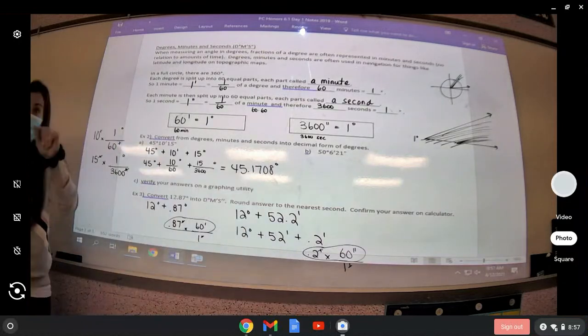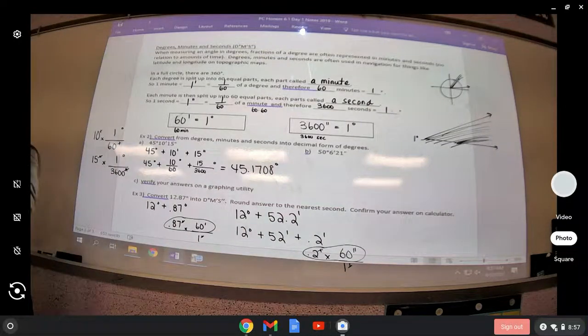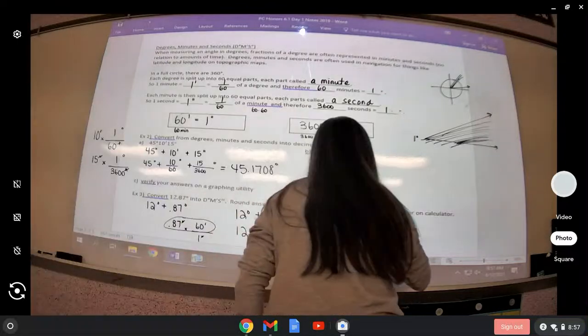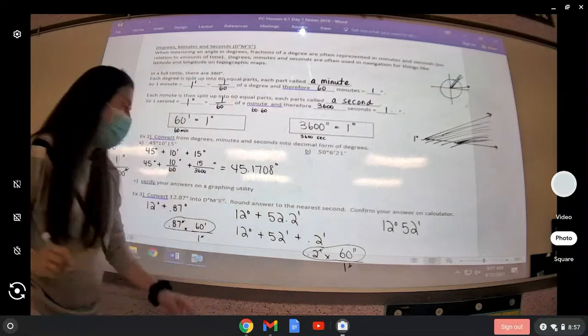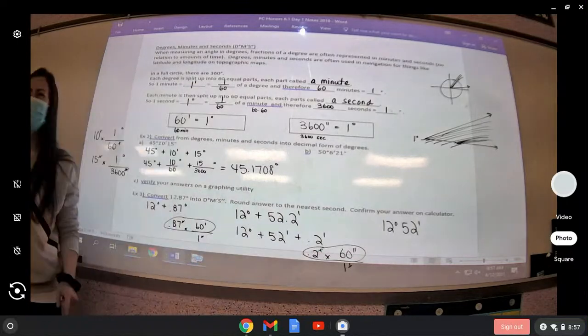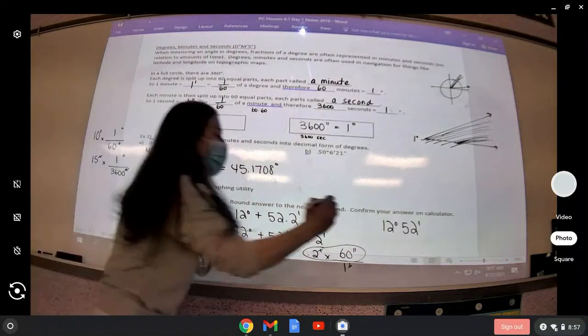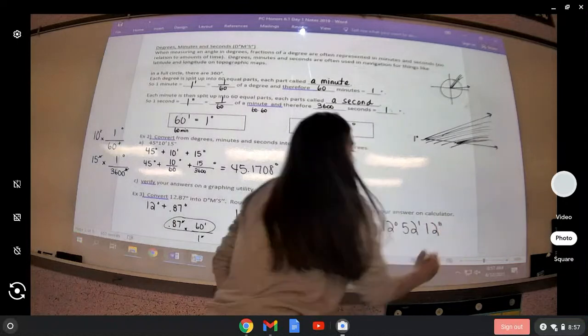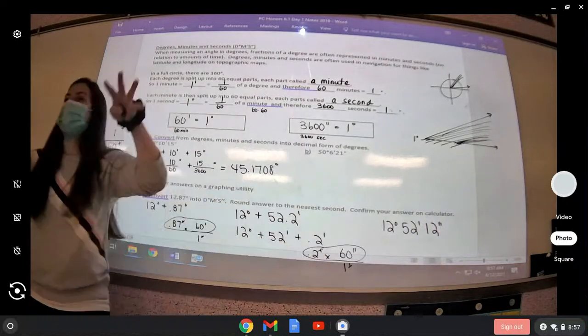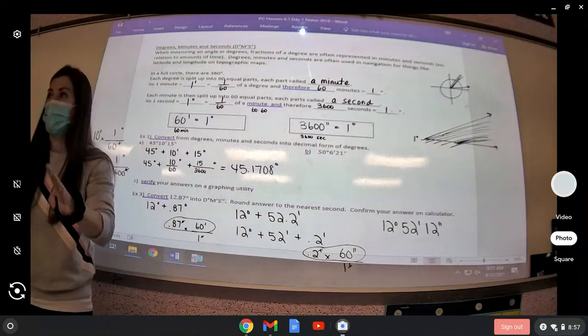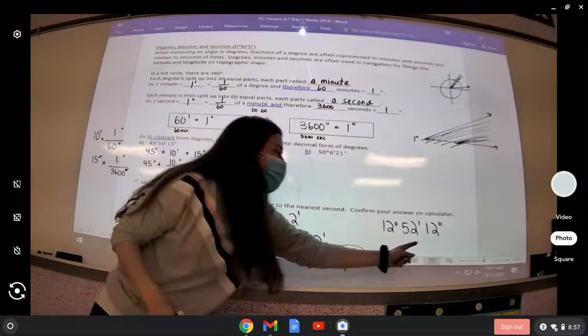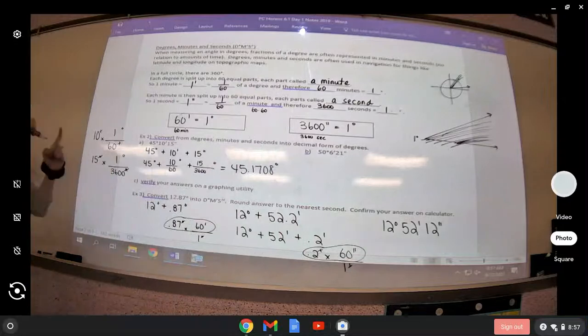So what's 0.2 times 60? And you'll end up with 12 degrees, 52 minutes, and what was 0.2 times 60? 12, right? 12 seconds. Now, let's pretend 0.2 times 60 was a decimal. Just round the seconds to a whole number if it was a decimal. All right, and you get 12 degrees, 52 minutes, and 12 seconds.